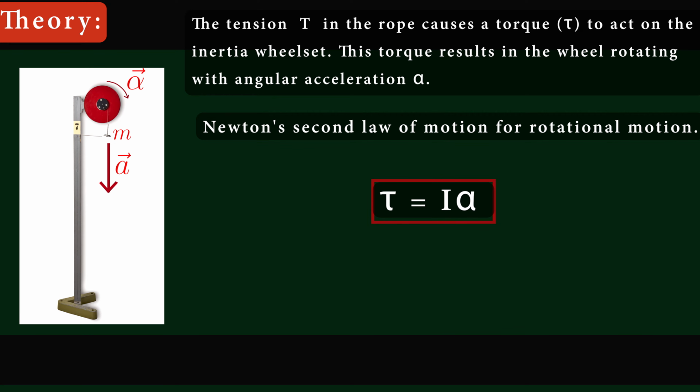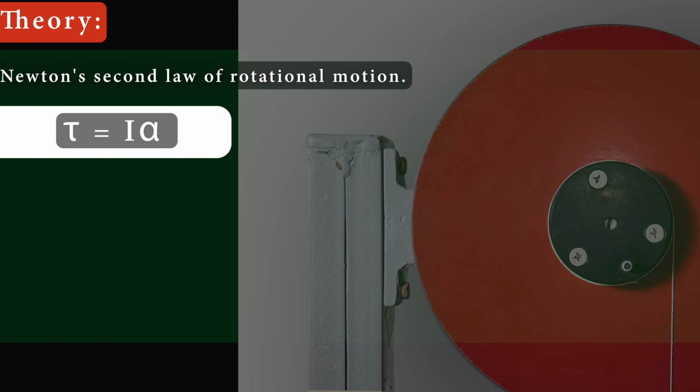Theory: when a mass m moves downward with linear acceleration a, the tension T in the rope causes a torque to act on the inertia wheel set. This torque results in the wheel rotating with angular acceleration alpha. The relationship between torque and alpha satisfies Newton's second law of motion for rotational motion.